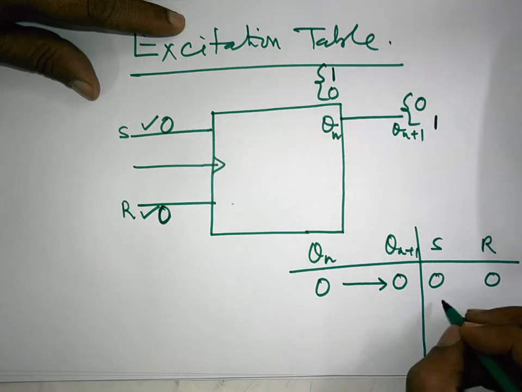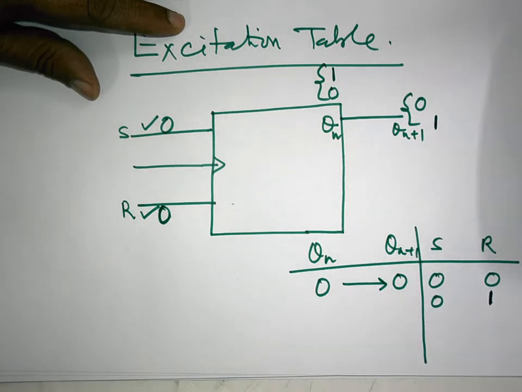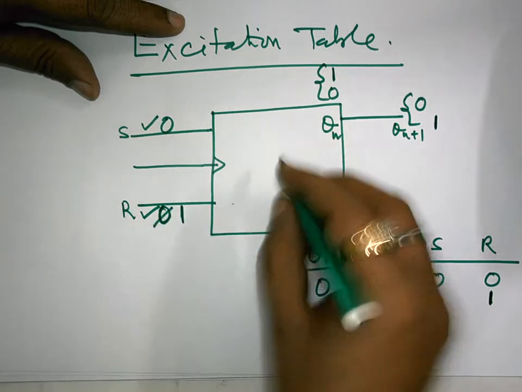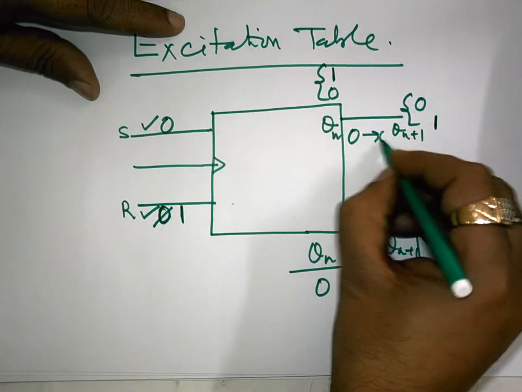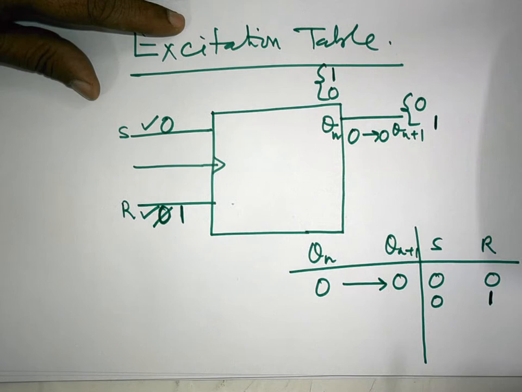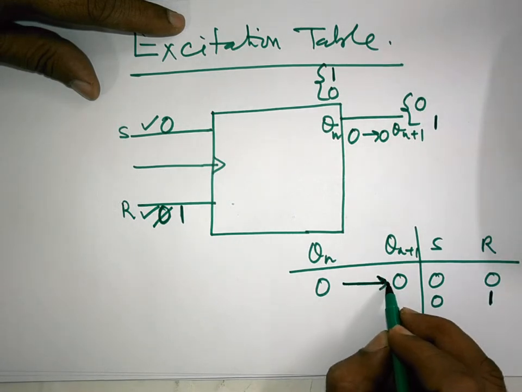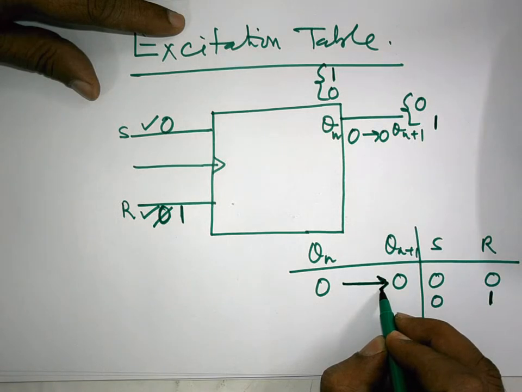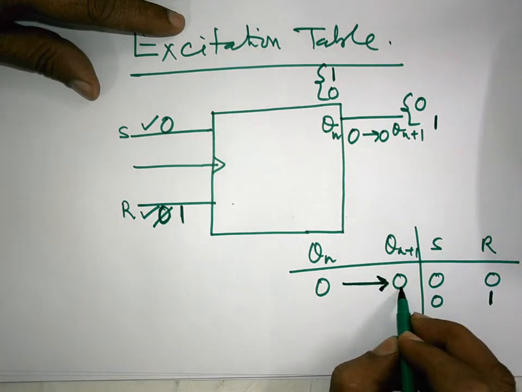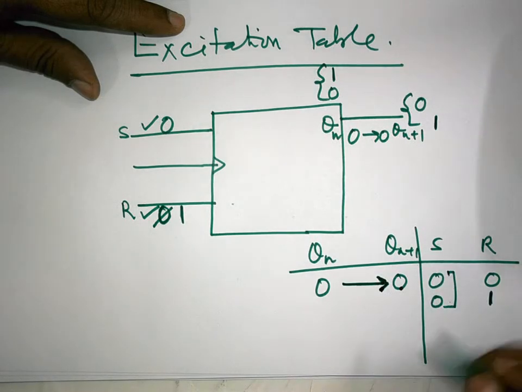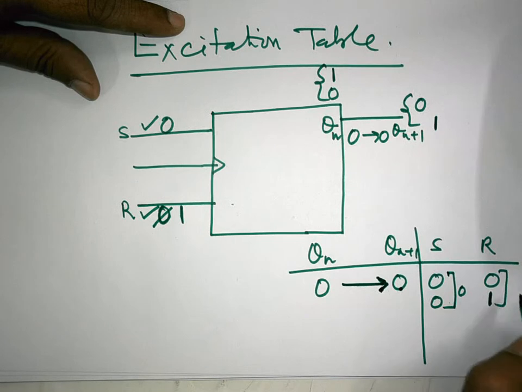Not only 0 0, but 0 1 is also going to fulfill this situation. If I apply 0 over here and 1 over here, and if it was 0, this will remain 0. Okay. So, to make this transition of 0 in the present state to 0 in the next state, what we need to apply at S is 0, and what we need to apply at R is anything, 0 or 1.